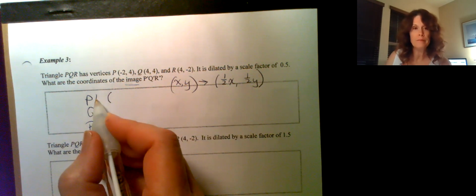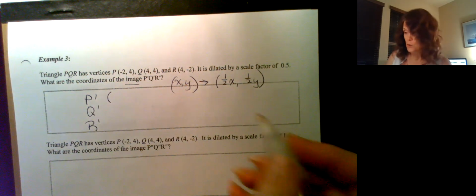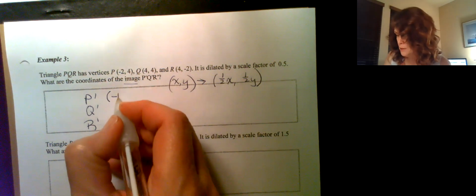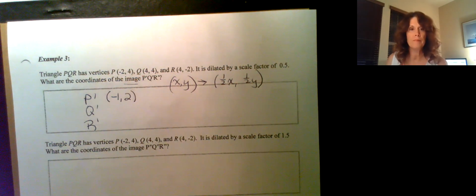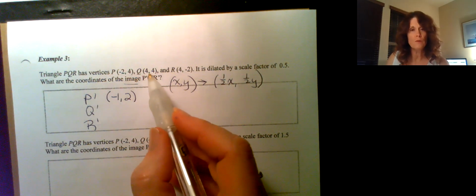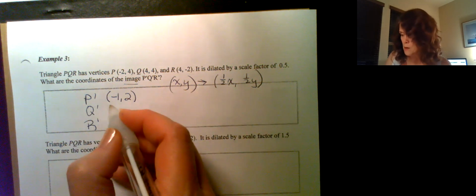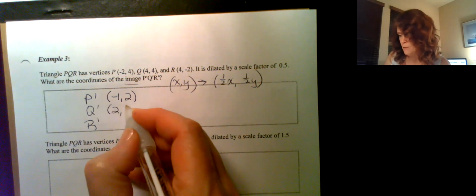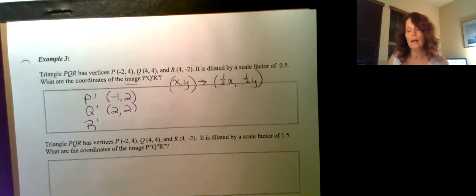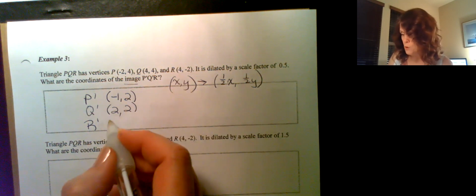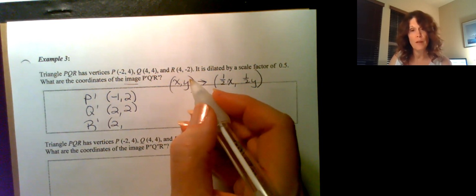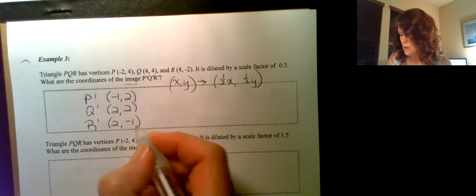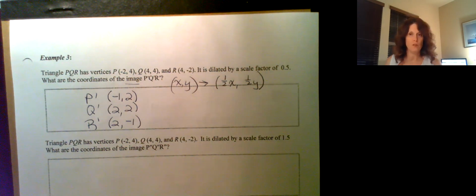Our prime transformed image will be 1/2 of -2 is -1. 1/2 of 4 is 2, right? We do it on Q, 4, 4, 1/2 of 4 for x and 1/2 of 4 for y. And for R, 1/2 of 4 is 2, and 1/2 of -2 divided by 2 is -1. So those are our transformed images, okay?